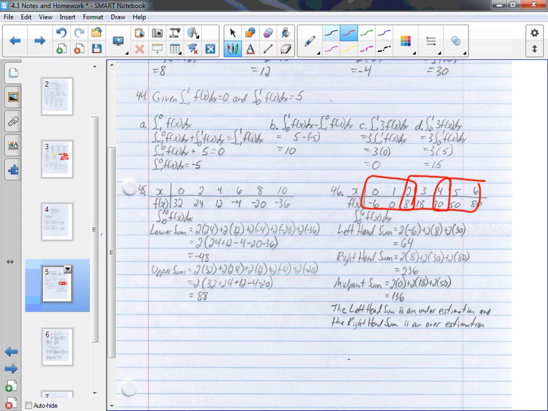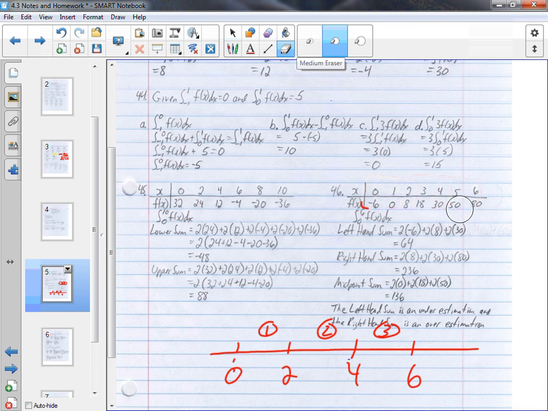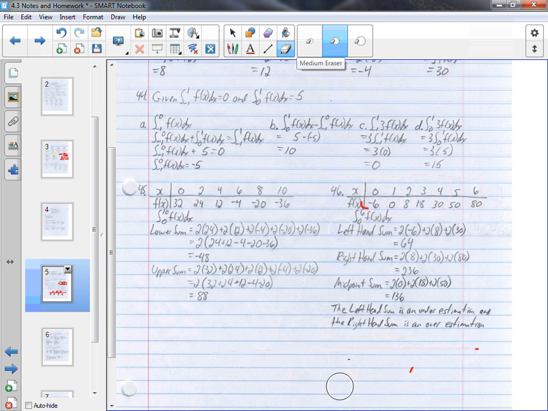So if this is on a number line, 0, 2, 4, 6, that's 1, 2, 3 equal subintervals, isn't it? Yeah. So that's what's getting you. Does it matter how many intervals you use? Yeah. Sure does. So that's what got you, isn't it? All right, I'm glad you asked that then, because that's easy to fix.